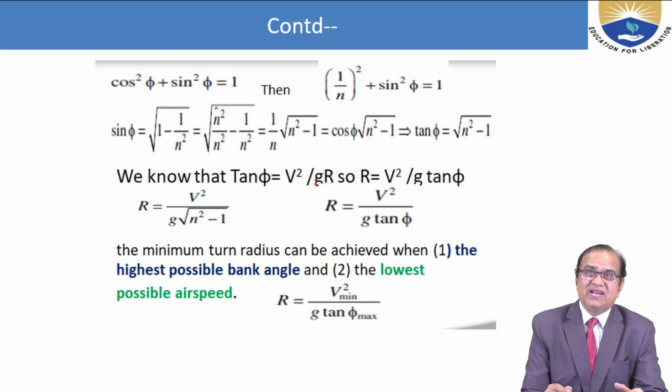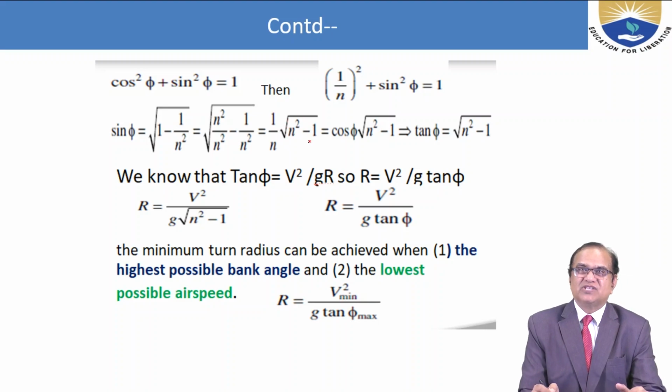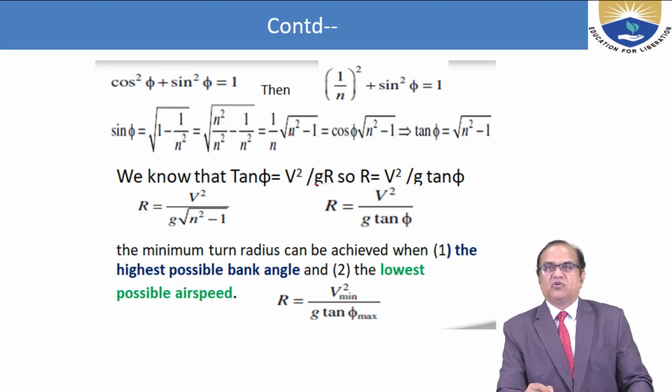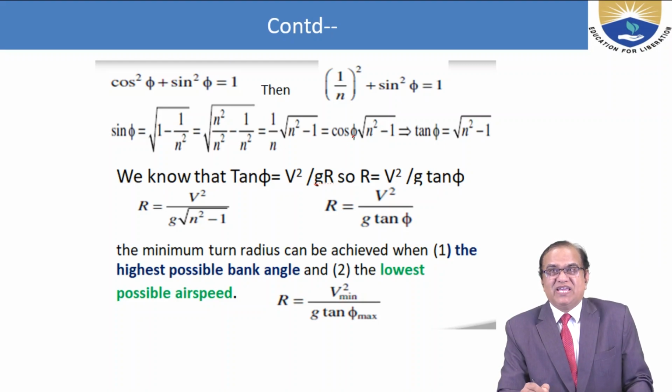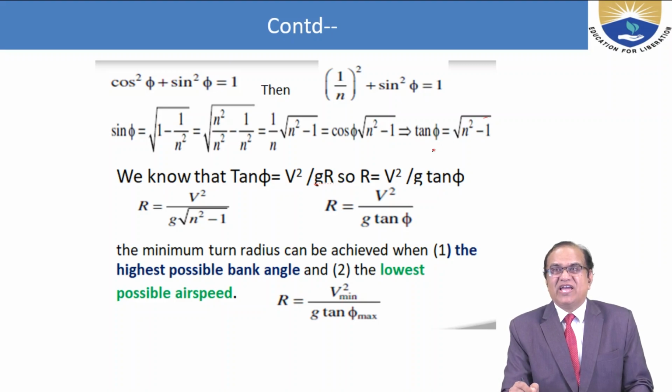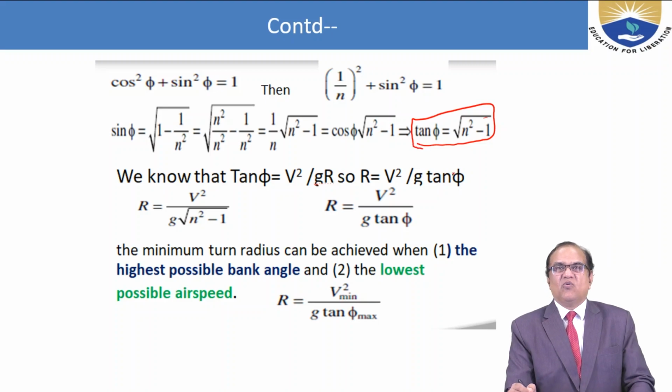So this 1 we can write as n square minus 1 by n square. So 1 by n we have taken outside, and it is under root n square minus 1. So 1 by n is equal to cos phi, and we can write sin phi by cos phi is equal to tan phi, and tan phi is equal to under root n square minus 1.